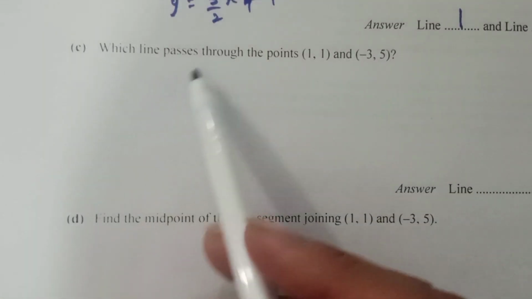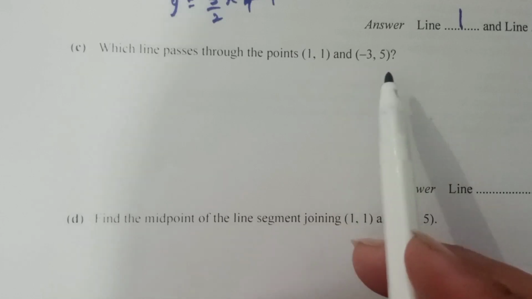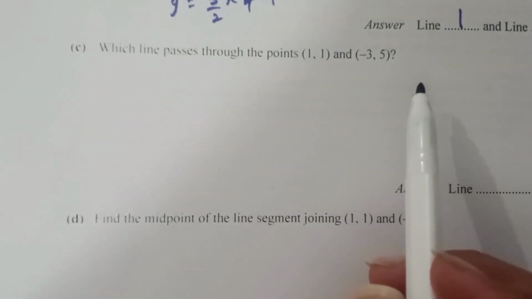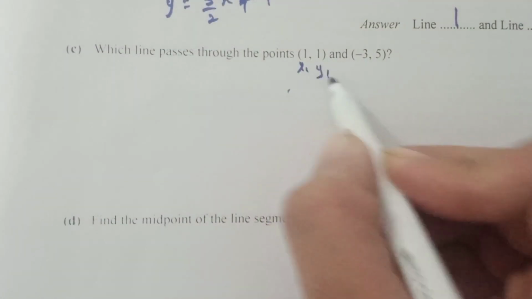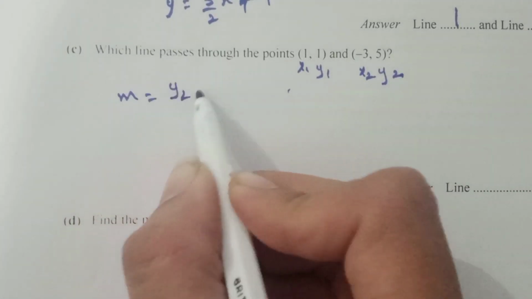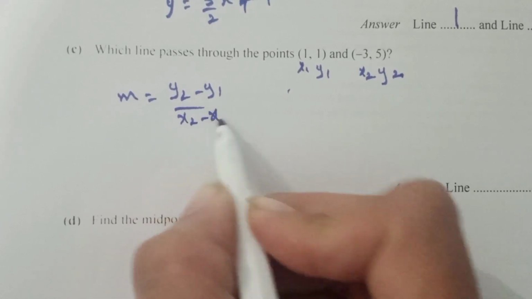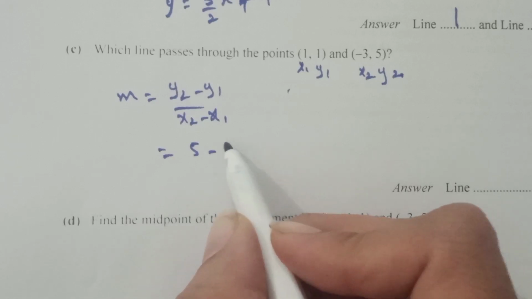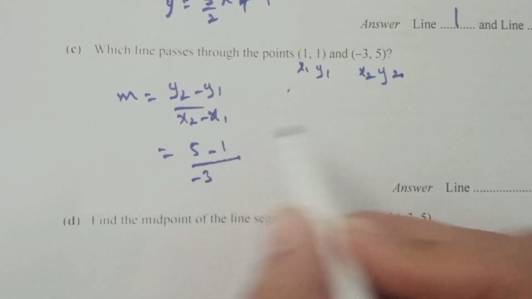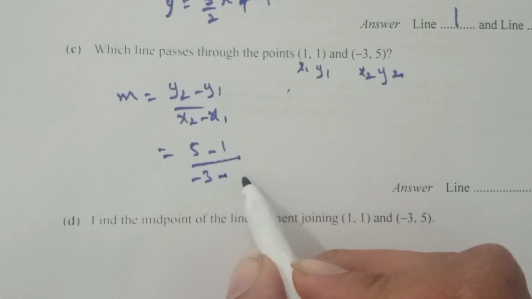Now part C, which line passes through the points 1, 1 and minus 3, 5? We first have to find the gradient of the line. When we find the gradient, we recognize which line has that gradient. These are x1, y1, x2 and y2, and the gradient is equal to y2 minus y1 over x2 minus x1. That is 5 minus 1 over minus 3 minus 1.